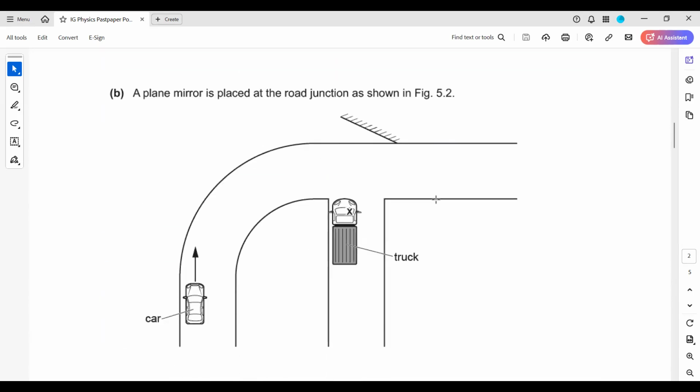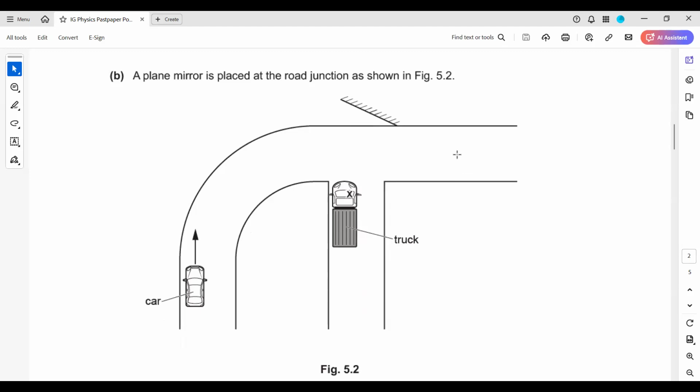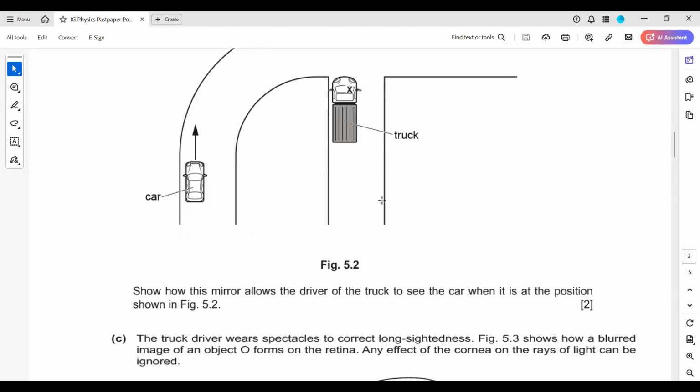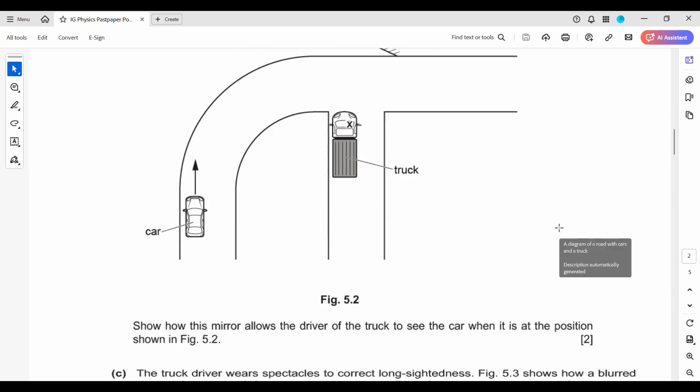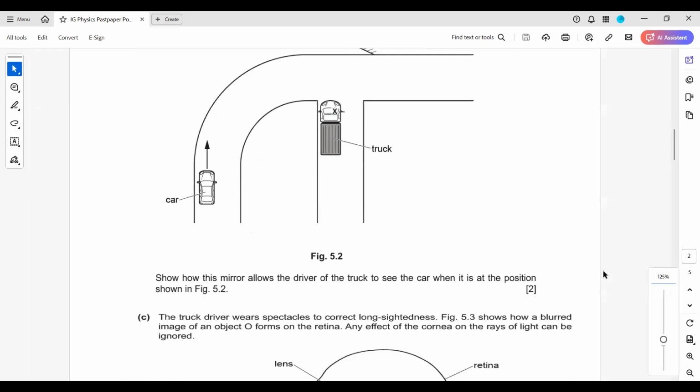Now a mirror is placed at the road junction as shown in figure 5.2. Show how this mirror allows the driver of the truck to see the car when it is at the position shown. So how is the truck driver able to see the car?